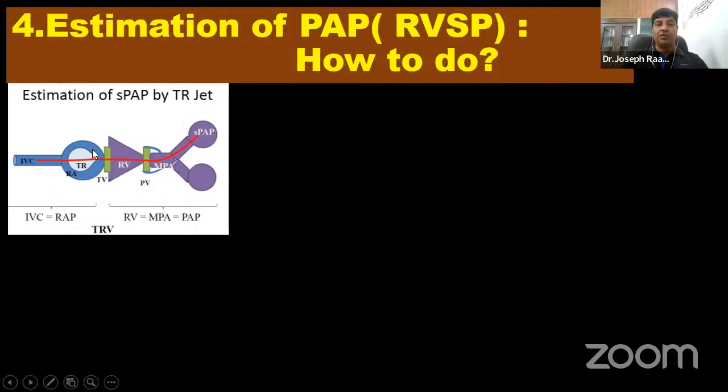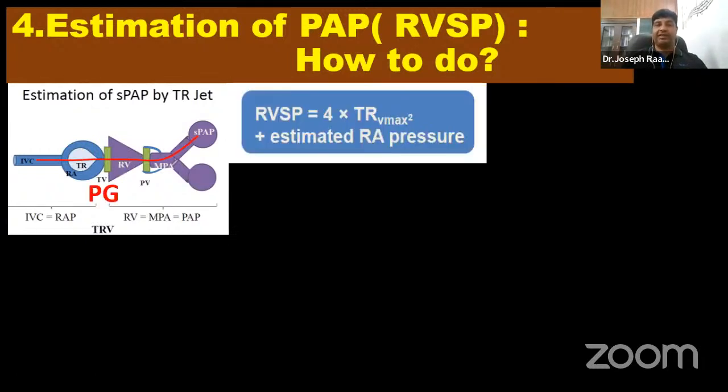So if you know the pressure at the right atrium, and then you add the pressure gradient between the right atrium and right ventricle, that tells you the RV pressure, correct? If you add the pressure gradient to the right atrial pressure, that tells you the right ventricular systolic pressure. So how do you measure the pressure gradient? For that, we take the concept of Bernoulli's theorem.